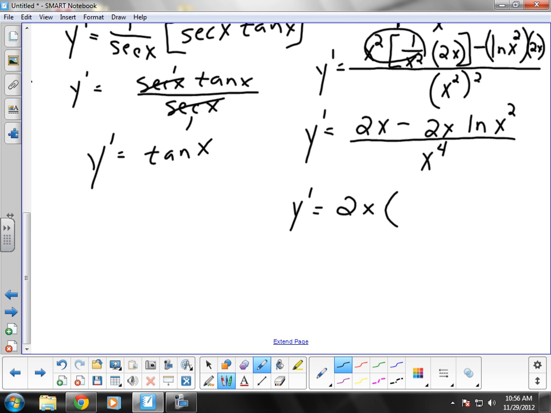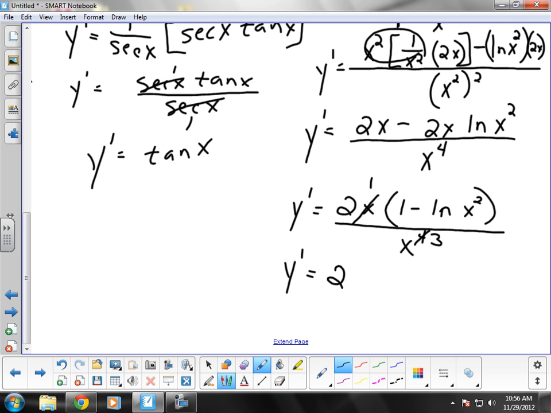Factor the 2x out of the top, and that leaves me 1 minus the ln of x squared over x to the 4th. And now, like you say, the x reduces out. This 1 x in the top reduces with the 4 x's and leaves x to the 3rd in the denominator. So the final version of my derivative is 2 times 1 minus the ln of x squared over x to the 3rd.